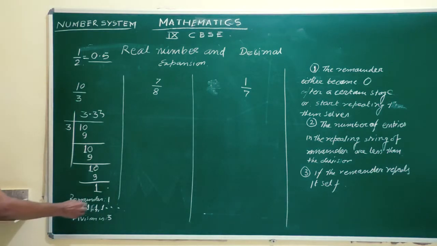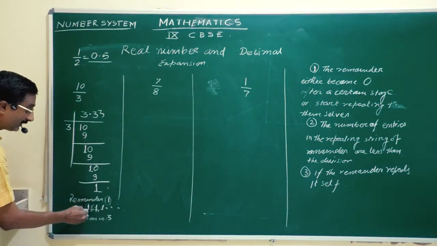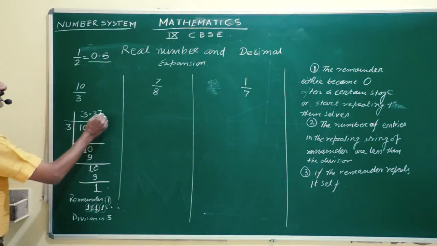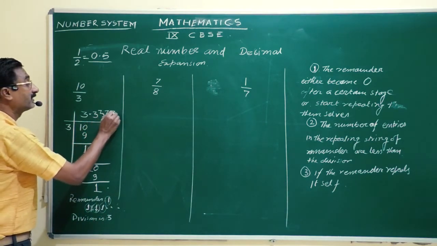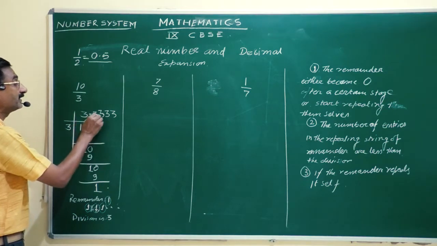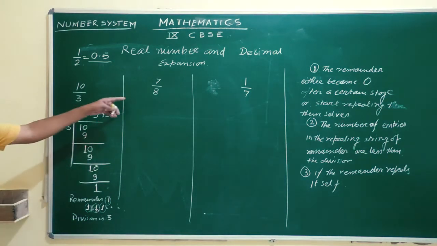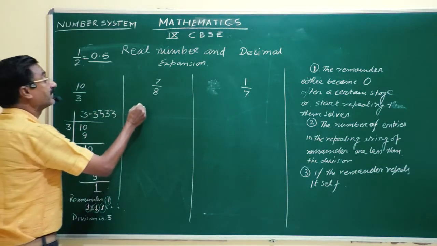Clear? Now you can see here that the remainder is same, constant, 1, 1, 1. And the values coming are like this, 3.3333 and so on.